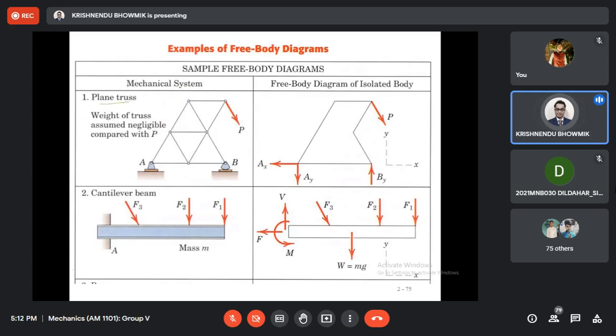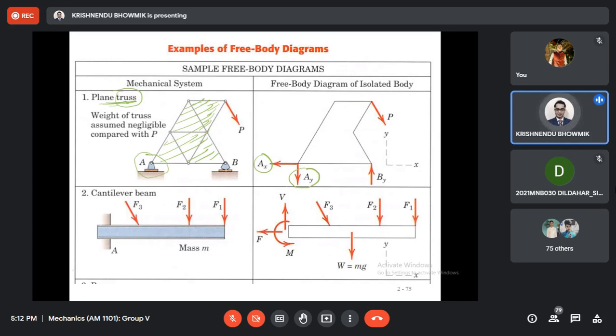Now you consider plane truss. Truss is one type of problem. I will explain you later. For this truss problem, basically this structure is rigid. So this can be considered the rigid body. This entire thing you can imagine. And you want to replace this pin, then you should have two reactions.